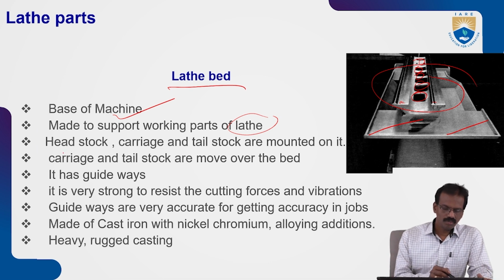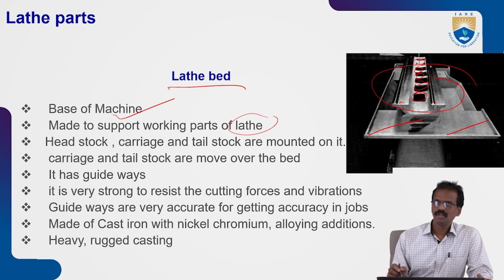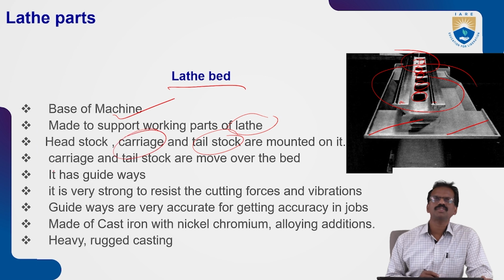On this bed, we will see on the left side the headstock, and on the right side the tailstock. In between the headstock and tailstock we will see the carriage fixed on this bed.